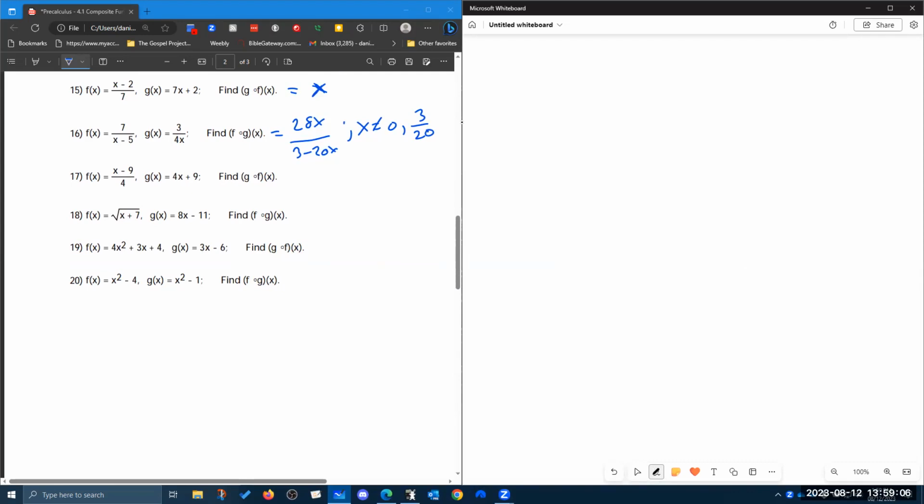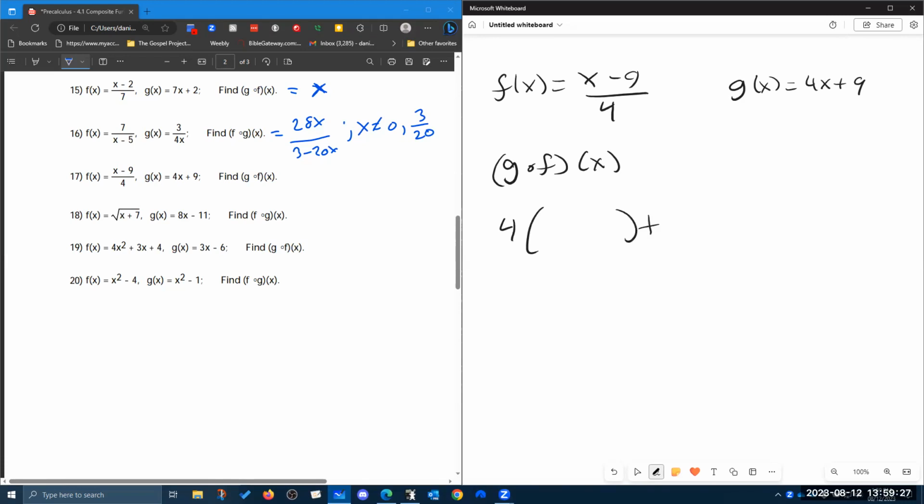Okay, number 17 here. f of x is equal to x minus 9 over 4, and g of x is equal to 4x plus 9. We want to find g of f of x. So we're going to write down g, and f is going to go on the inside.